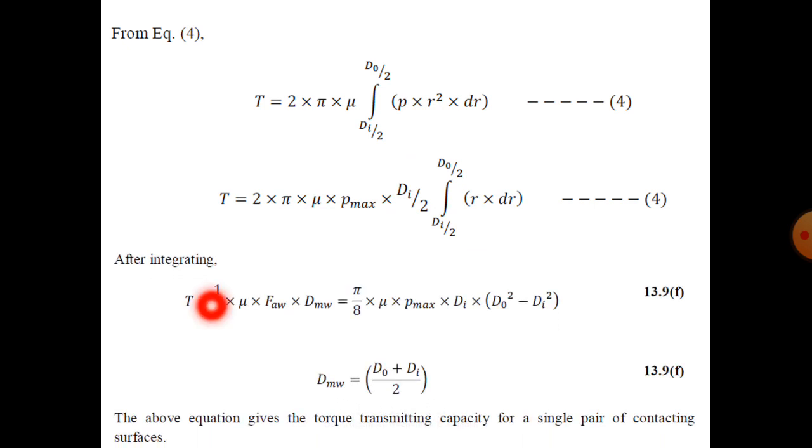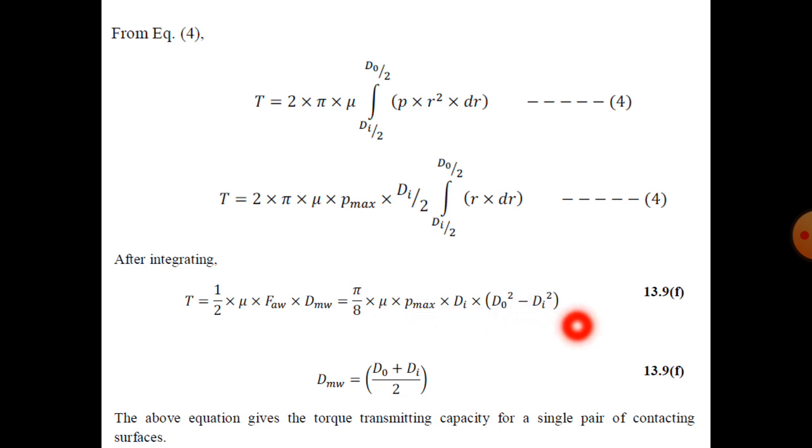After integrating, you get the equation 1 by 2 mu into FAW into DM. So it's nothing but pi by 8 mu into P max, because FAW you have to replace with P max. So you have to write the expression in terms of pressure. Therefore you get pi by 8 mu into P max into di into do square minus di square.